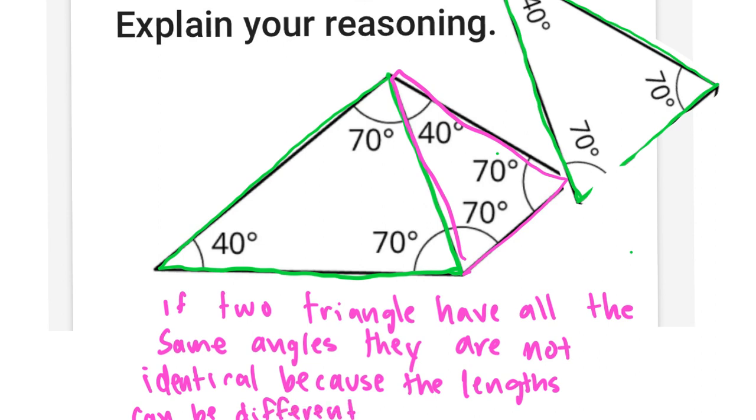For a triangle to be identical, all the angles and all the lengths have to be the same. So if you have all the same angles, their lengths can still be different. So therefore, these triangles are not identical copies of each other.